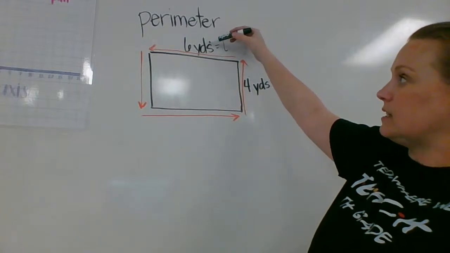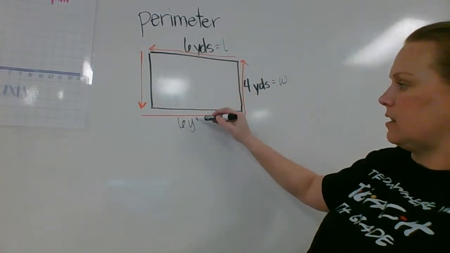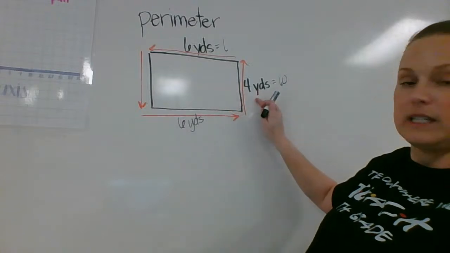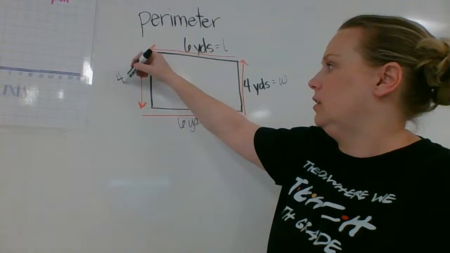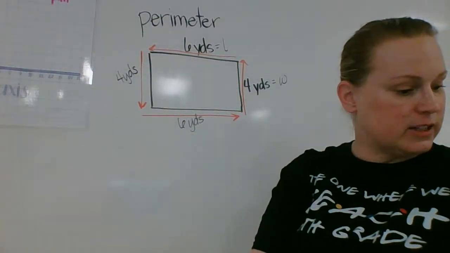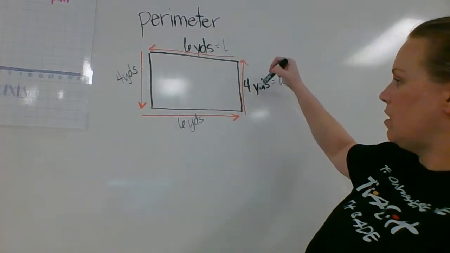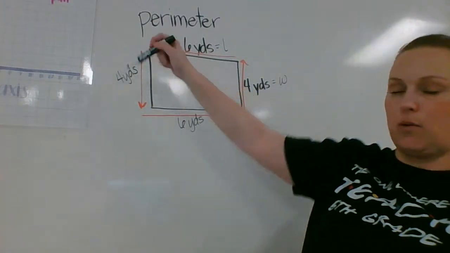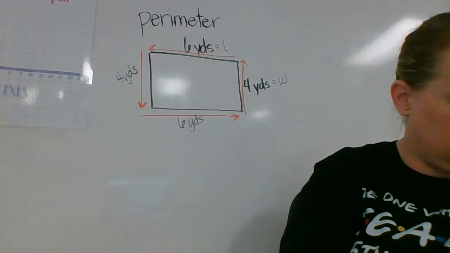So if this side is 6 yards, the opposite side is also 6 yards. And if this side is 4 yards, then its opposite side is also 4 yards. So when you add up all the sides, you should get an equation that adds 6 plus 4 plus 6 plus 4, adding each side up exactly.